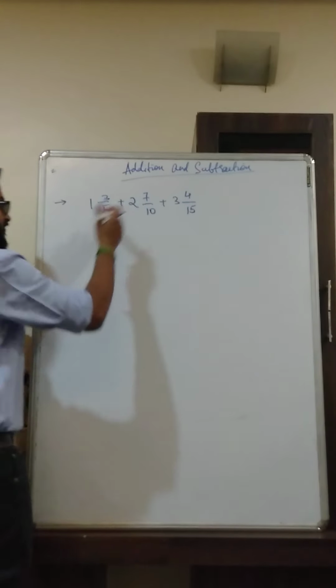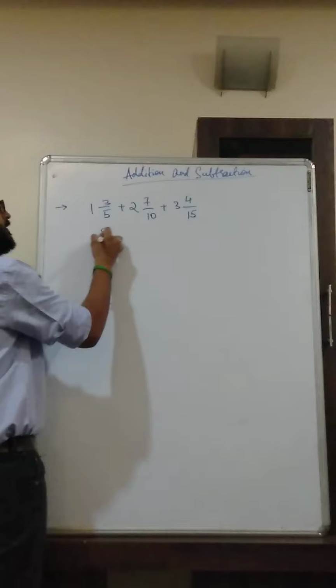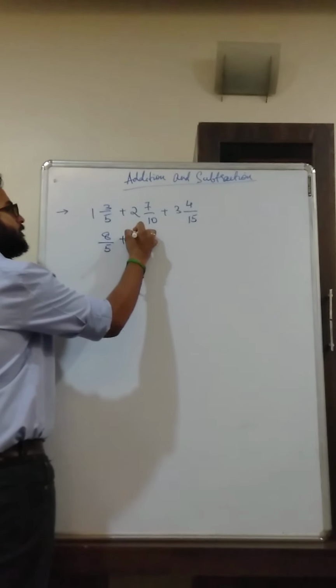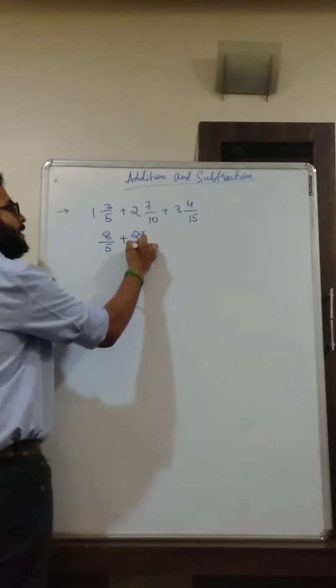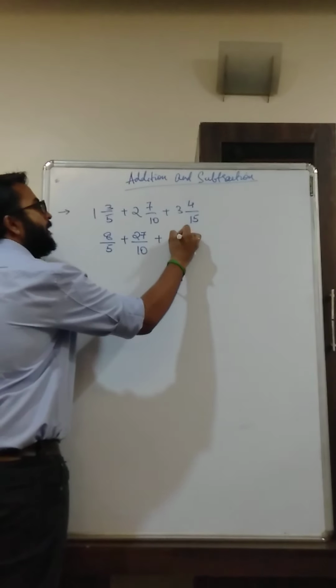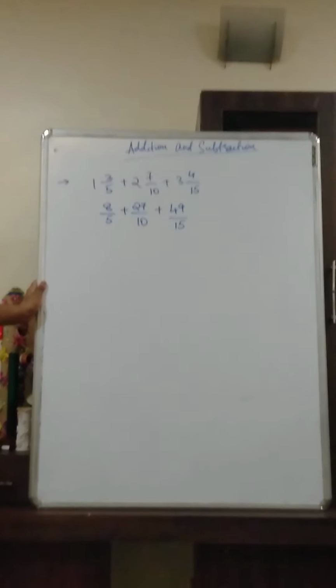Now there are three fractions. First, converting them into improper. So these here converted into improper fractions.